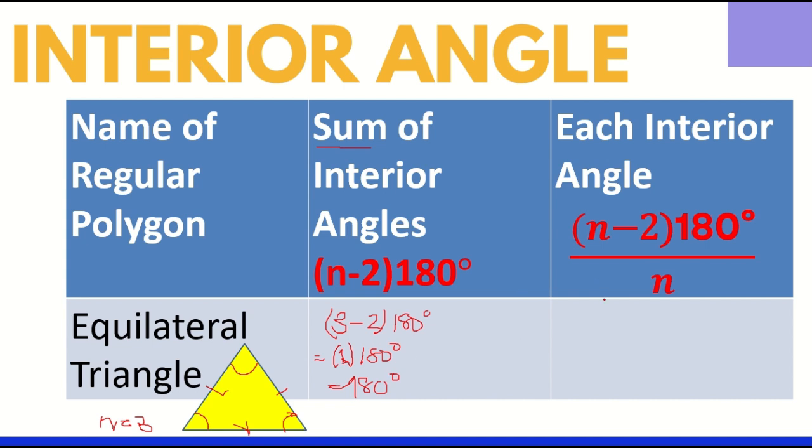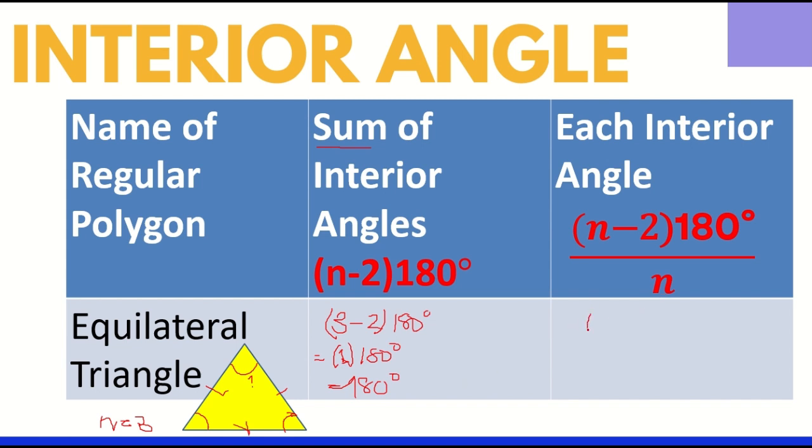Paano naman itong each interior angle? Ito lang ang hinahanap dyan, yung isa lang na nasa loob. Ilan kaya ang measurement nun? Ang gagawin mo lang naman is yung binigay kong formula kanina: the quantity of n minus 2 times 180 degrees divided by n, where n is the number of sides. Substitute natin.